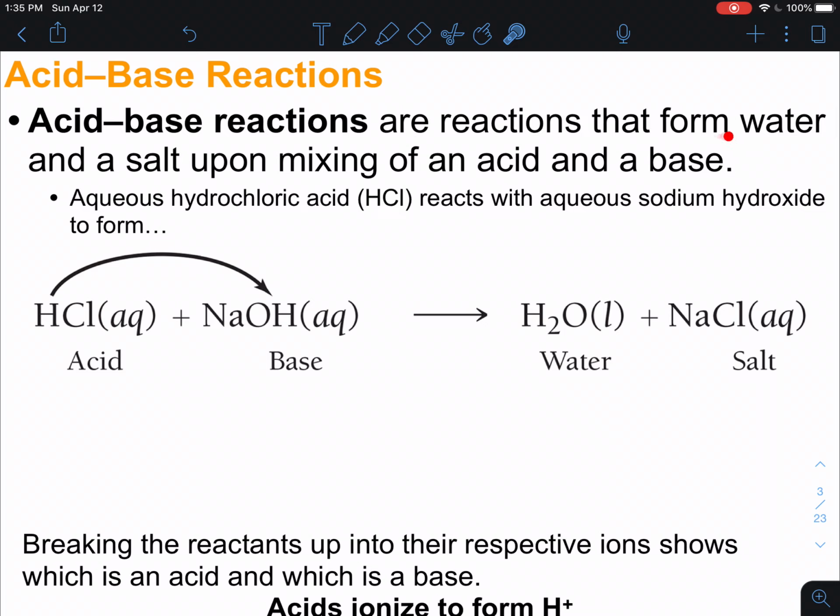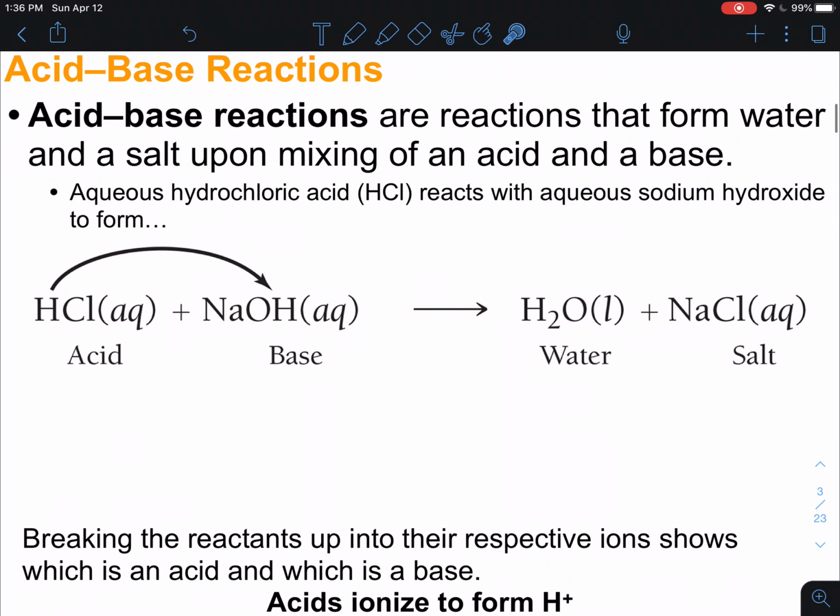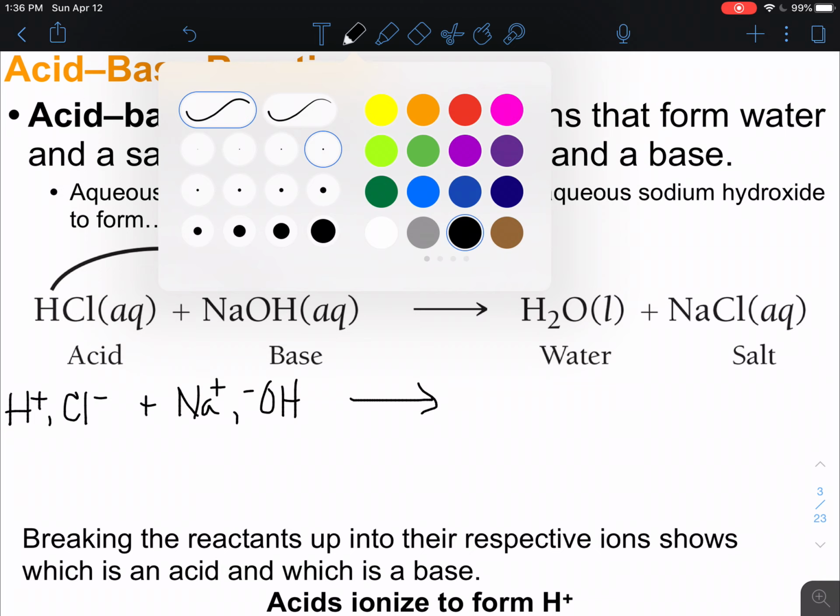So acid-base reactions are reactions that form water and a salt upon mixing of an acid and a base. So this is HCl and NaOH, and I'm just going to break these guys up again. So we have H+ Cl- plus NaOH, and I'll do this in red.